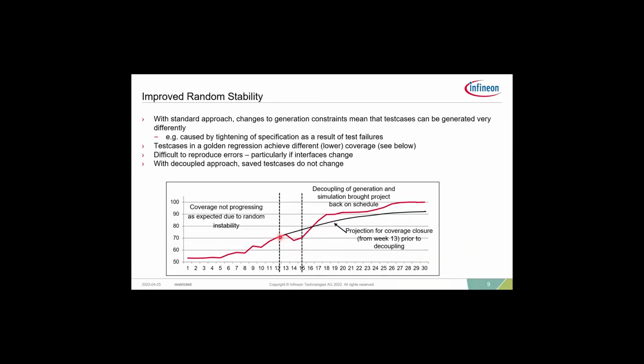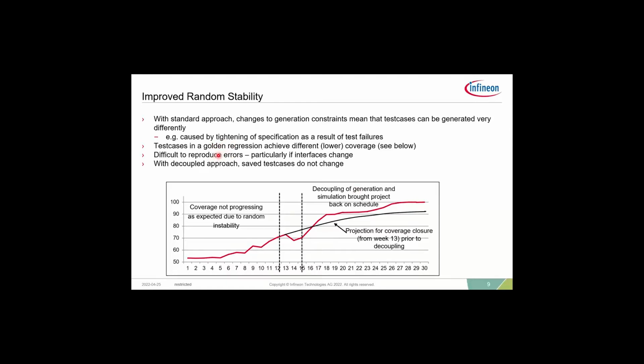So we took the decision to move to a decoupled environment. We spent a few weeks implementing it, and as you can see, this brought the coverage back onto track, so that we could finish on schedule.